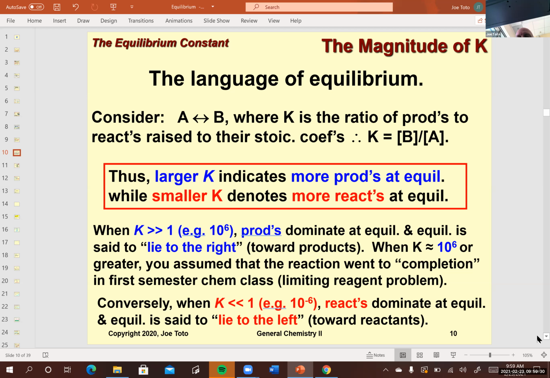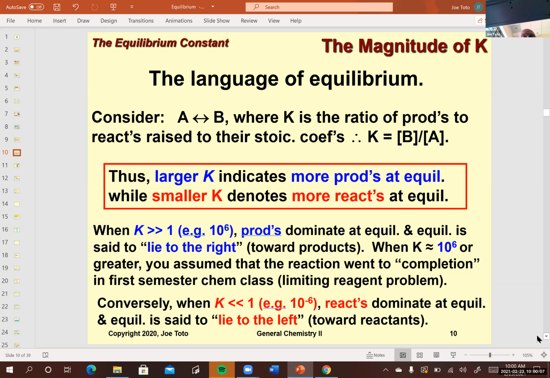The magnitude is just the value of the number, regardless of the sign. Equilibrium constants are always positive because you can't have a negative amount of something. So it's all magnitude, it's all the value. Oftentimes scientists will talk about the magnitude, and that's what they mean: the number value.